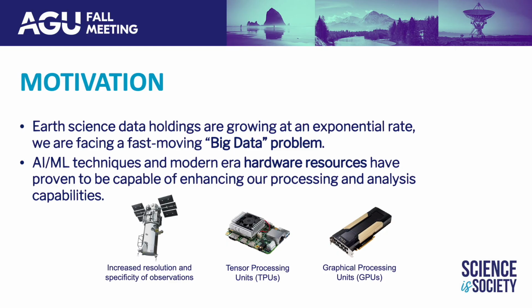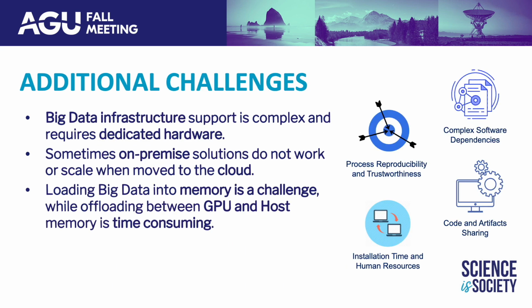Now, the fact that we have both AML and accelerated hardware brings additional problems and challenges. Our infrastructure becomes more complex, and our interdependencies become bigger and even more complex. Sometimes we develop software that works on-prem but doesn't work on the cloud, so we need to take into consideration developing code and software for both places.